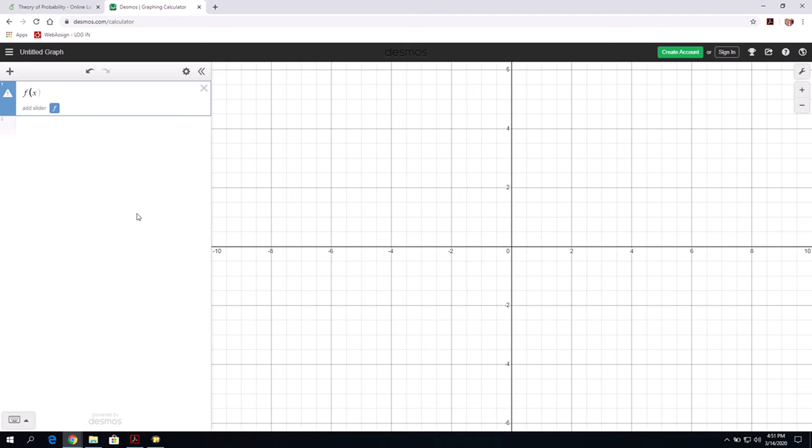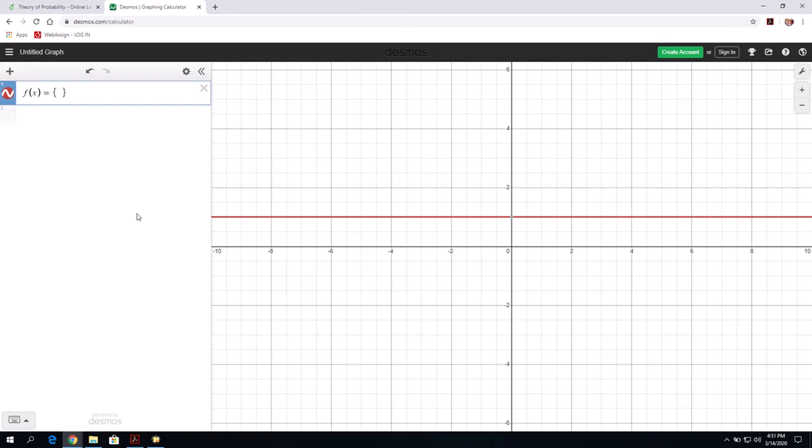f of x equals, you put some braces like this, kind of like you would for a piecewise defined function. It's a little bit strange, but what you do is you first put where x is. So if x is less than 0, what do we want?